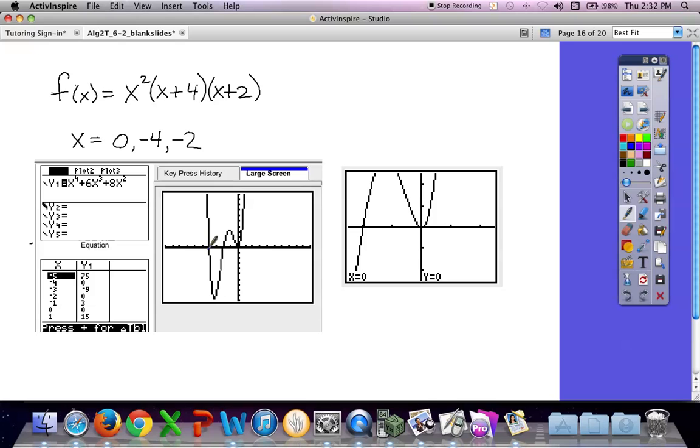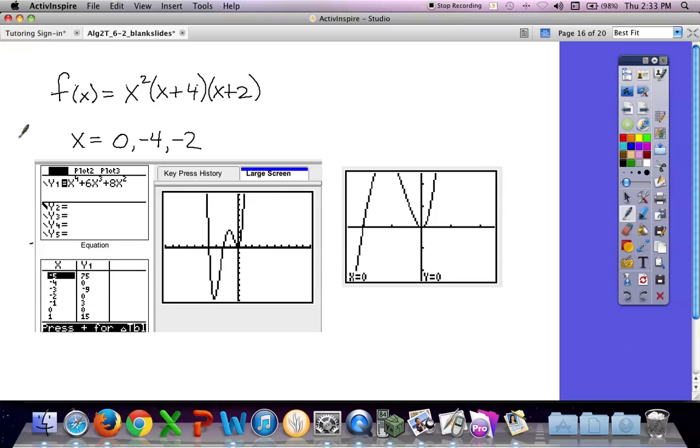It has zeros, it looks like, at negative 4, negative 2, and 0, which we said already. But it's definitely doing something different at x equals 0 than at the other two. I zoomed in here, and you can see what's going on. At negative 2, the graph goes right through. But here, it just touches the x-axis and goes back in the same direction.